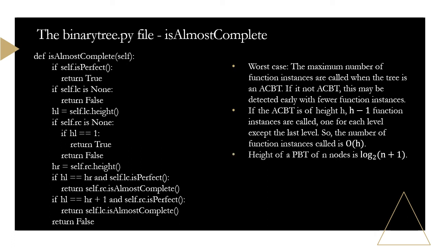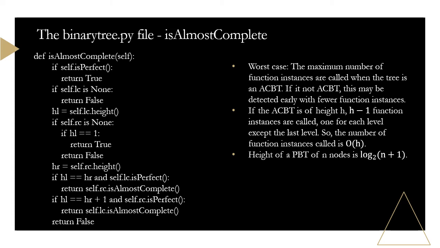Let us recall, height of a PBT of n nodes is log of n plus 1. Which tree will have more nodes? An ACBT of height h or a PBT of height h? Obviously, the PBT will have more nodes.